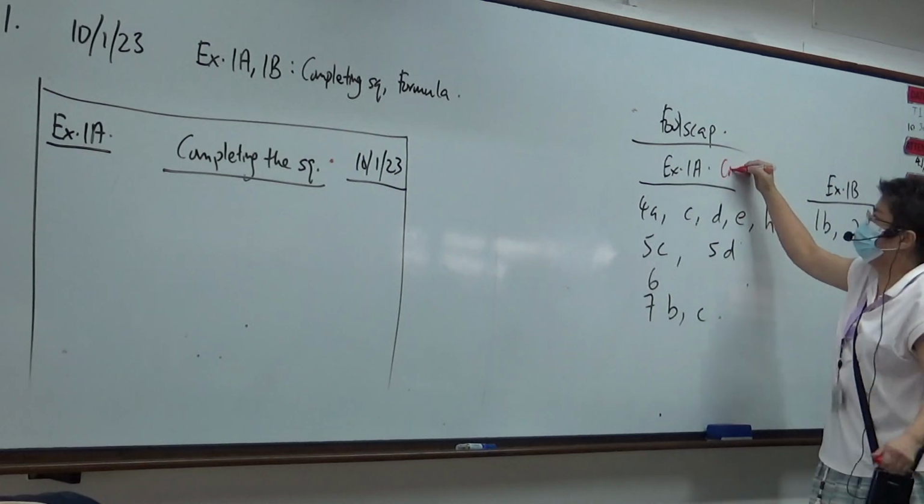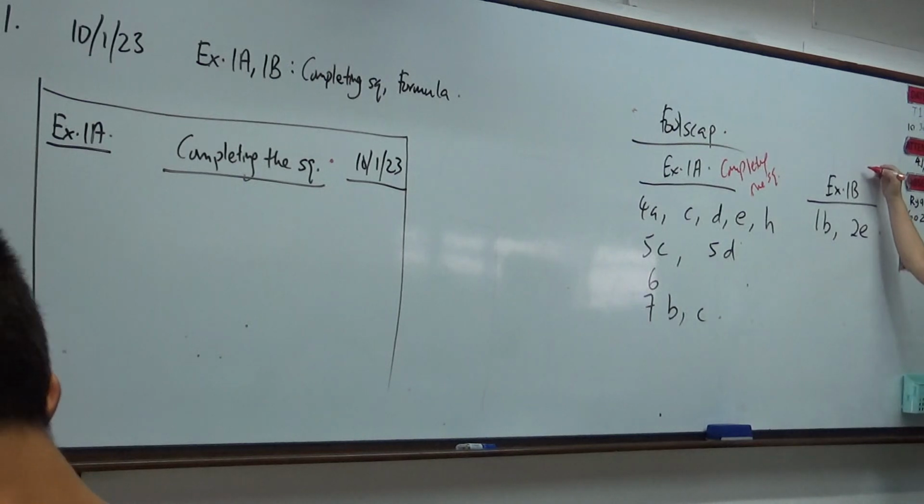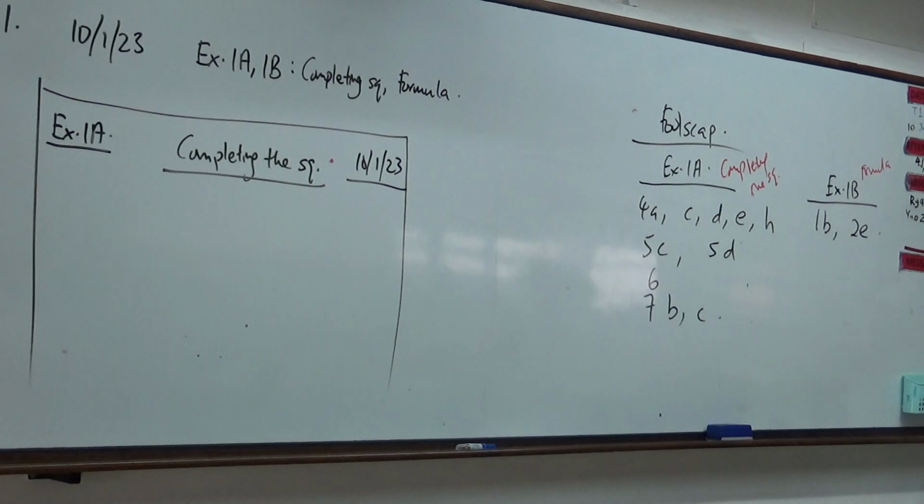This one, I want to do by completing the square. This one I want to use what? Formula. Everybody okay? Alright? Now, usually this is what I tell my students. Those that I say to do in the notebook, usually I circle the number or the parts. Those that I do on foolscap, I will tick. So that you don't confuse yourself about what is supposed to be done on the foolscap and what is supposed to be done in the notebook. You can have your other notation, highlighter or whatever you have, it doesn't matter, as long as you have your own code. Is that understood?